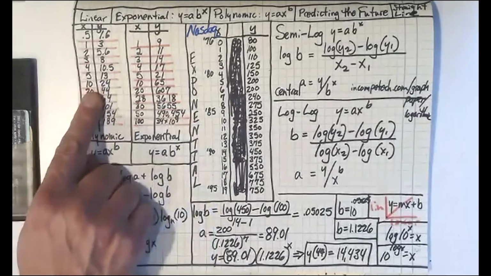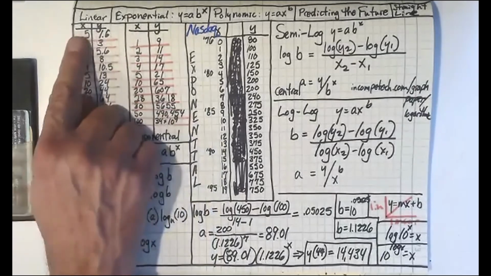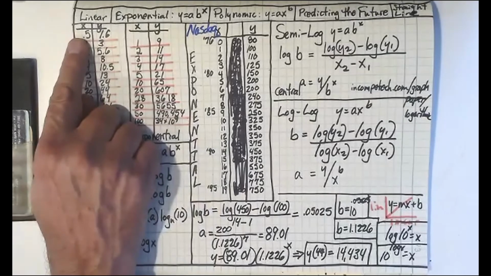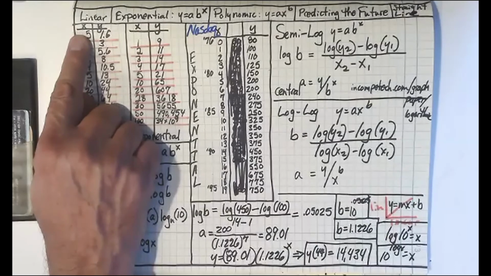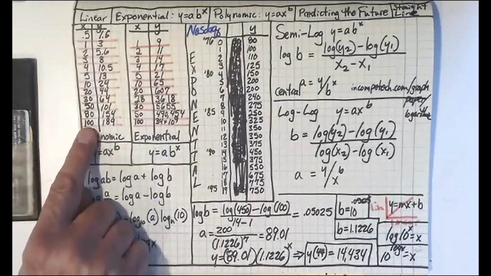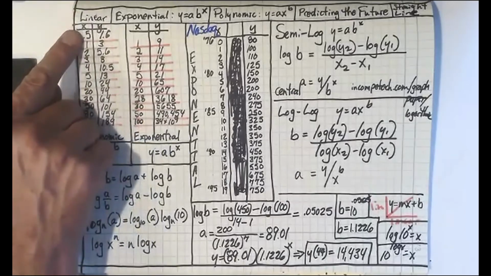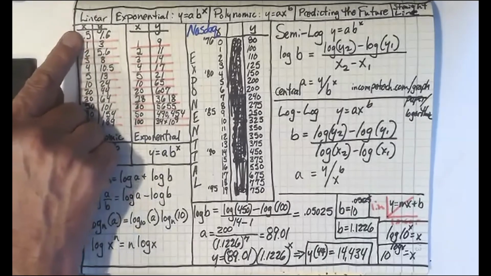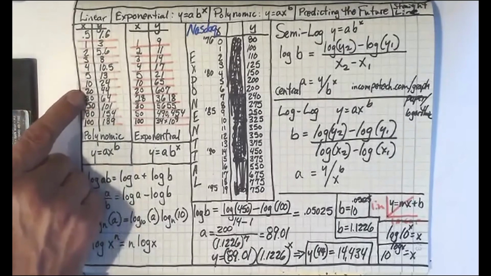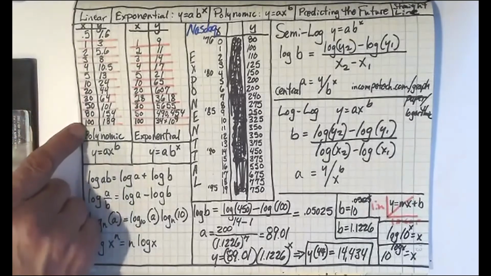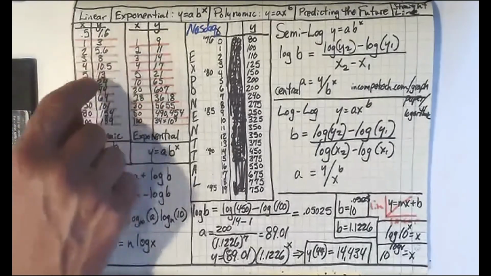And then for this one over here, you're going to have to probably start at 0.1. 0.1 to 1, 1 to 10, 10 to 100. This is the x-axis, remember. This is with the log paper.